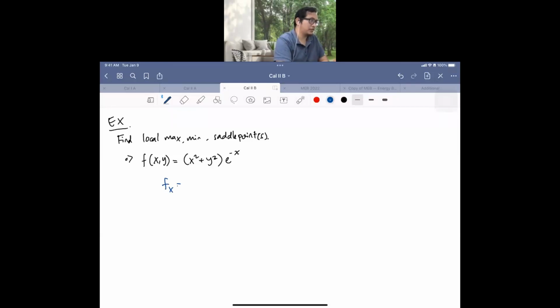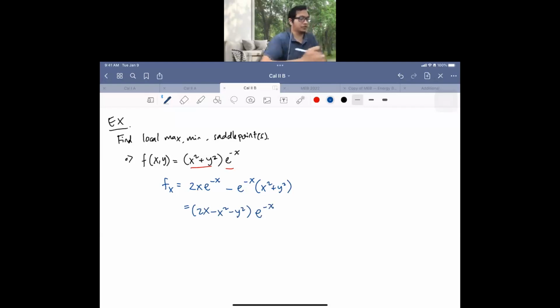Partial x will have a product rule, and then minus e to the negative x times x squared plus y squared, and then we can write 2x minus x squared minus y squared, and then e to the negative x, right?